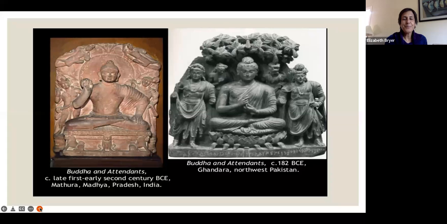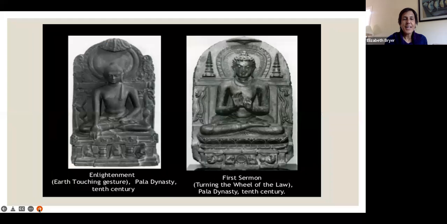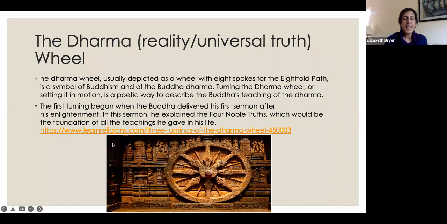Here are a couple other Buddhas, one from India, one from Pakistan. Here's one doing the earth touching gesture. Here's one turning the wheel of the law, Shakyamuni Buddha giving his first sermon.